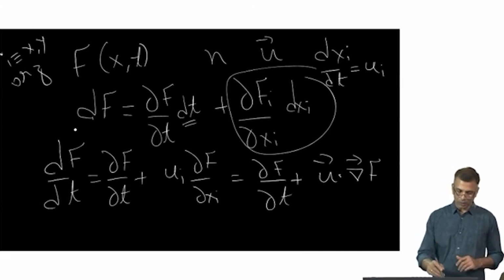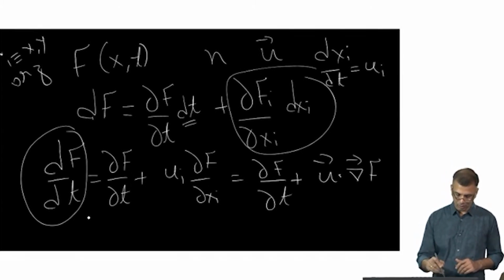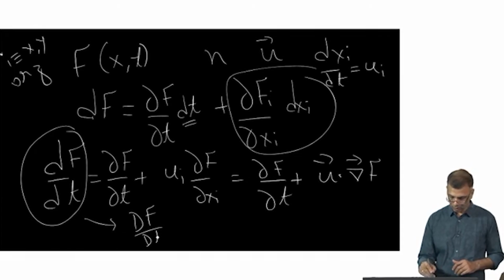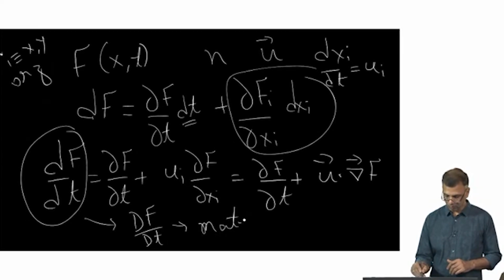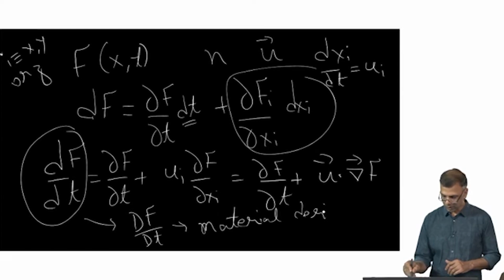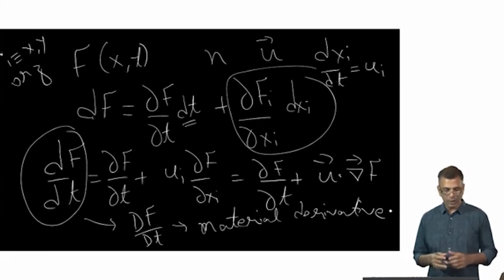And sometimes people write this as Df Dt, and this is often called the material derivative. And to emphasize, this is the rate of change of f as felt by a Lagrangian observer.